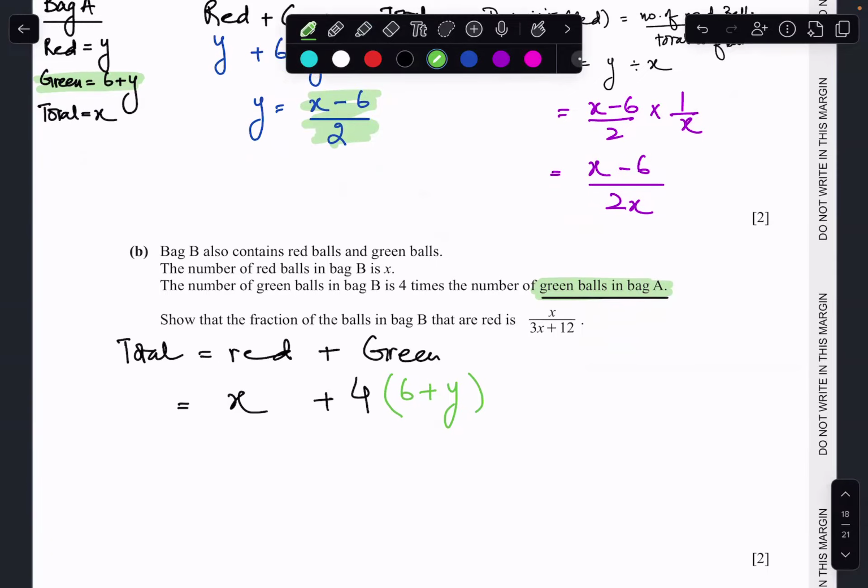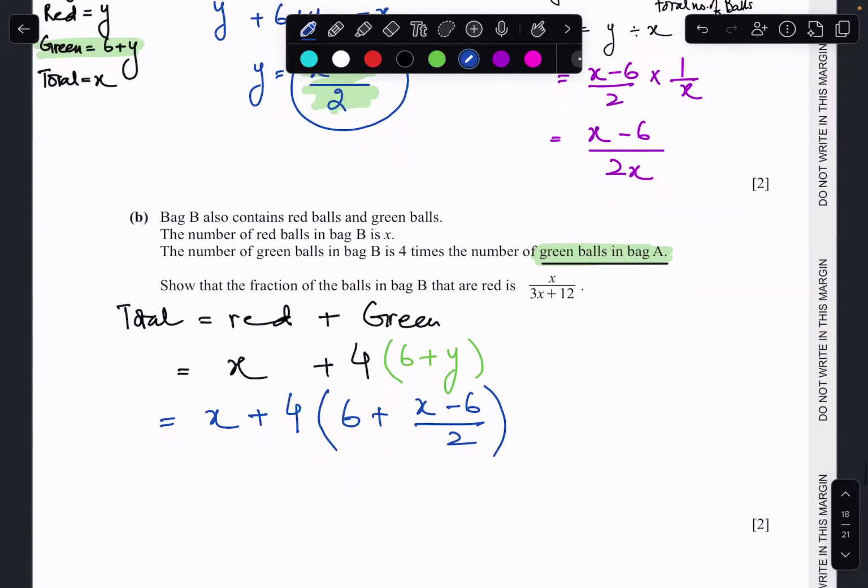So we have X plus 4 times. Instead of Y, I'm going to write this over here: 6 plus X minus 6 over 2. Is that clear? Yes. Is that clear?